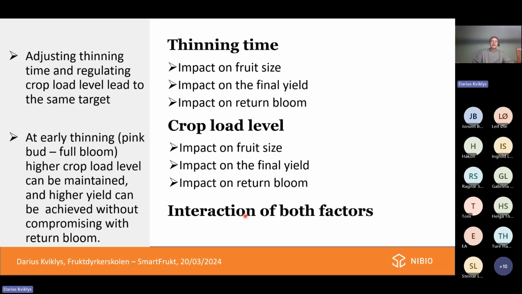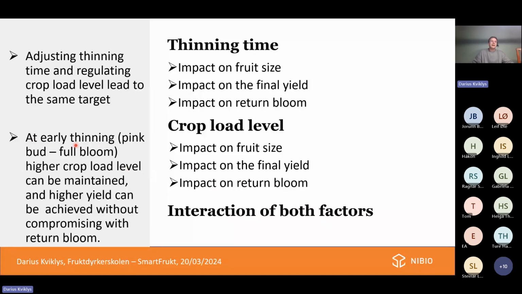Both of them, thinning time and crop load level, have the same impact. They impact fruit size, they impact final yield, they impact return bloom. But we also have to remember that there is always an interaction of both these factors.